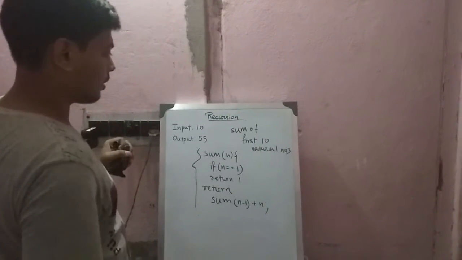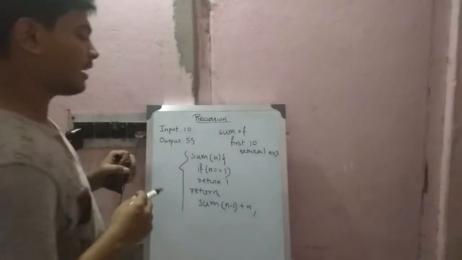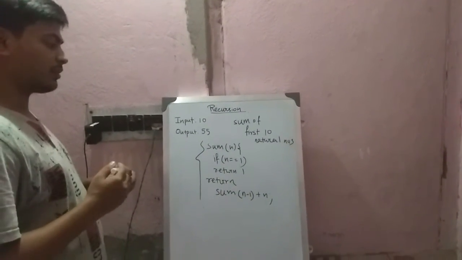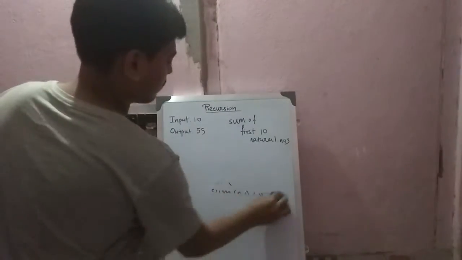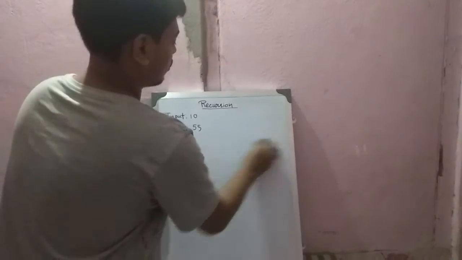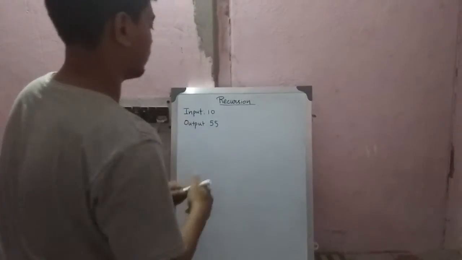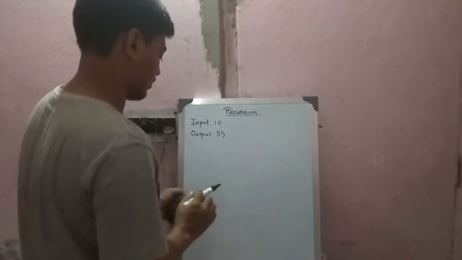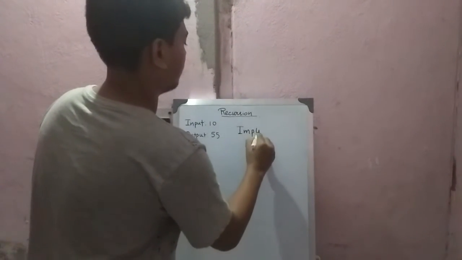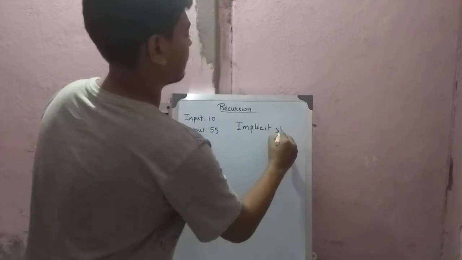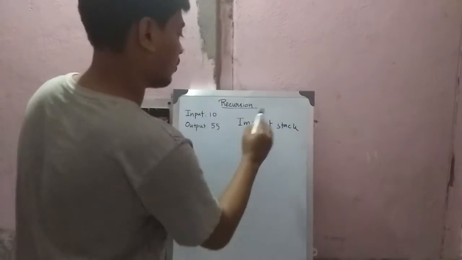Okay, so I said that recursion is less efficient than iteration, and I will tell you why. Recursion itself uses a stack, called the implicit stack. So how?